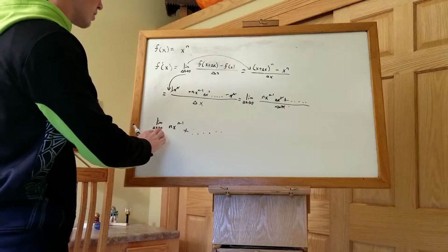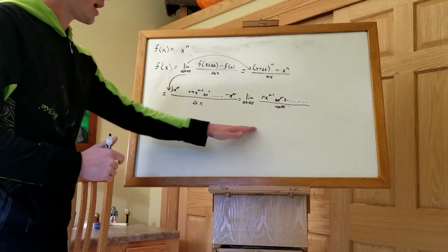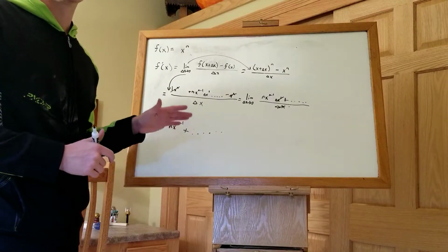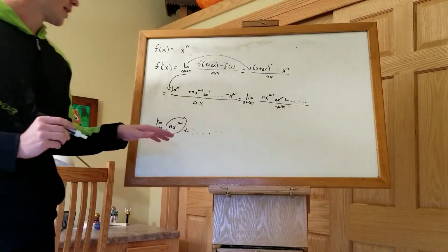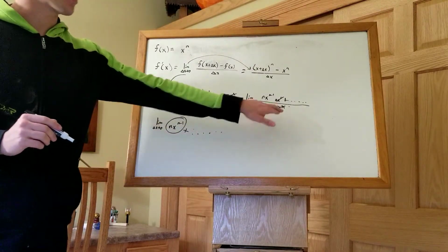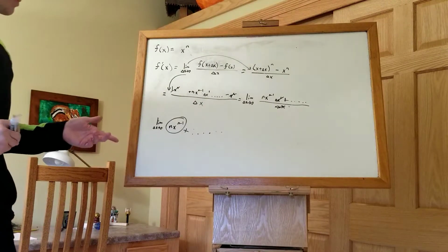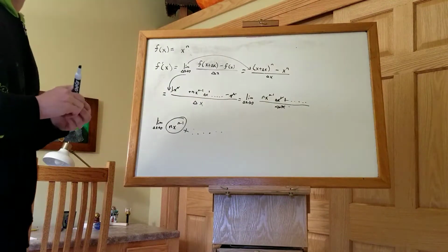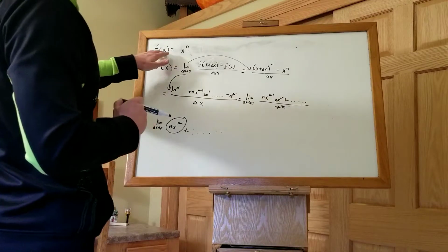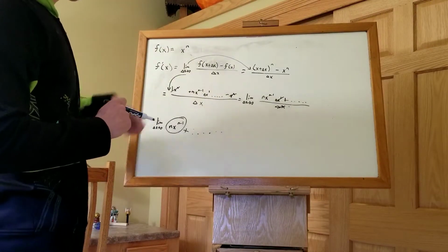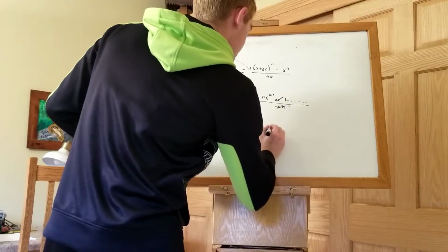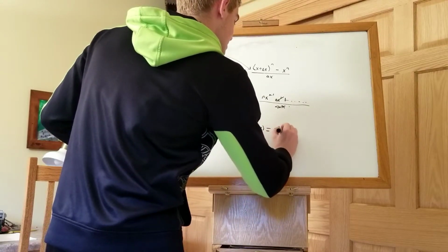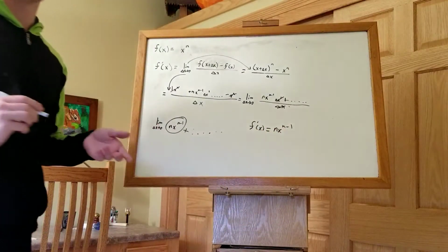So when we apply this limit of delta x equals 0, every single one of those is going to get zeroed out, except for this, because there aren't any delta x's after that cancellation. So that's really awesome, because what that means is that for f of x equals x to the n, the derivative equals n x to the n minus 1.